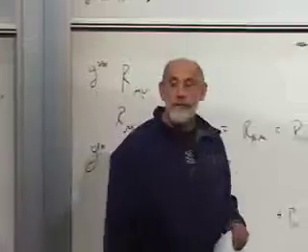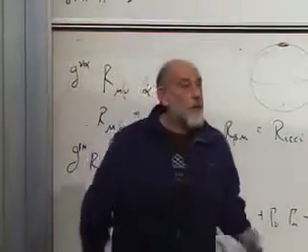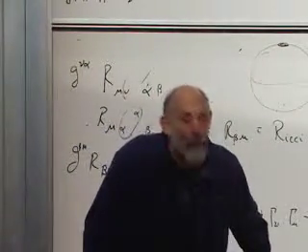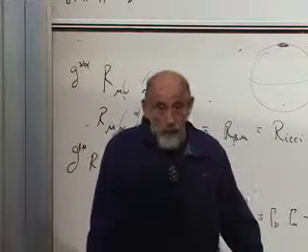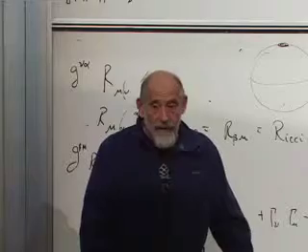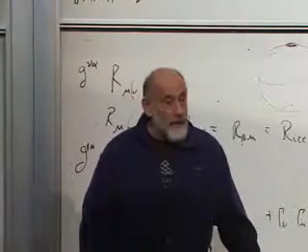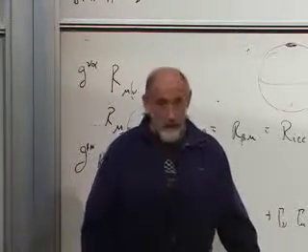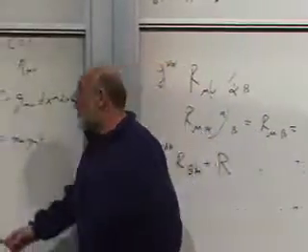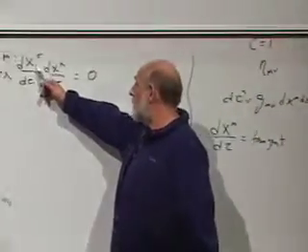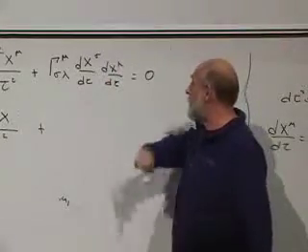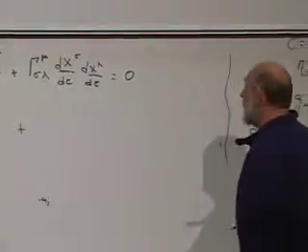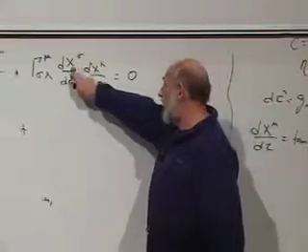Why is it small? Because by assumption, we're working in a frame of reference where everybody is moving very slowly. Moving slowly means dx by d tau is small, dy by d tau is small, and dz by d tau is small. There's only one component of the 4-velocity which is large, and that's dx naught by d tau.